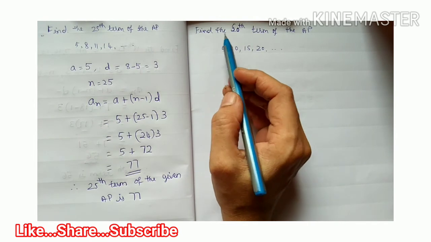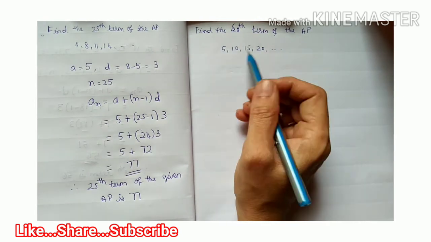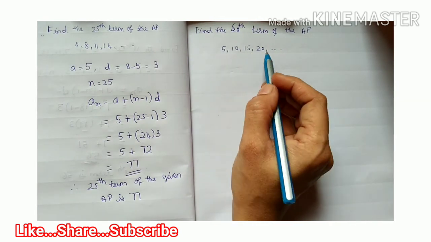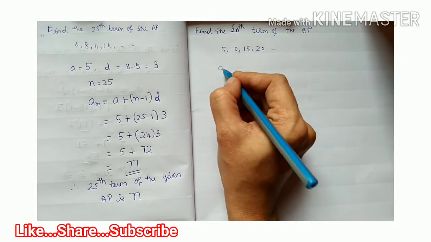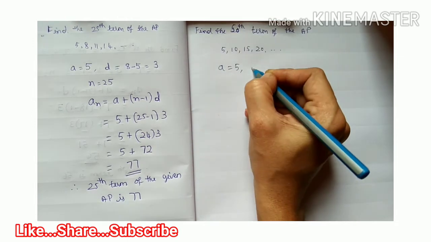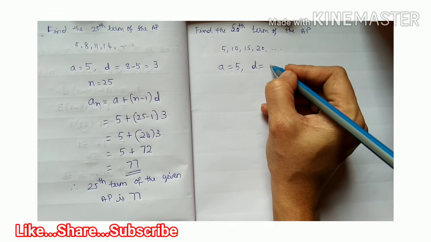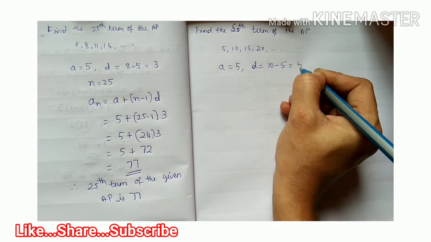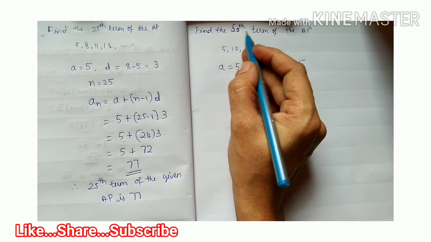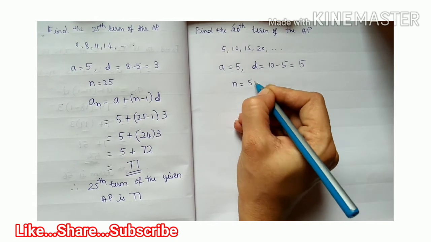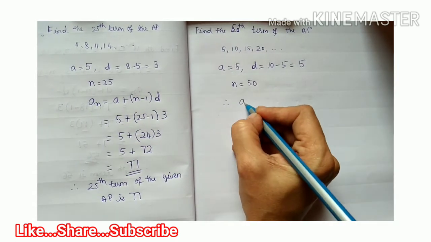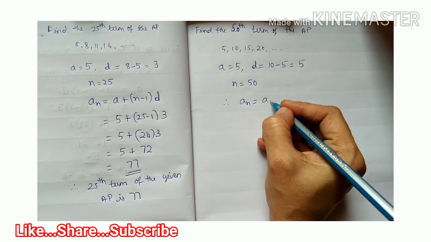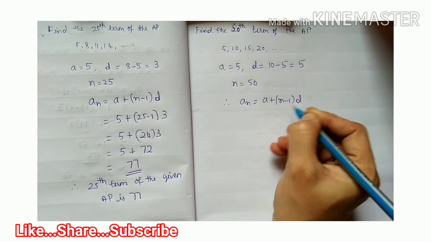Next example, find the 50th term of the AP 5, 10, 15, 20. Here the first term a is equal to 5, common difference d is equal to a2 minus a1, 10 minus 5, 5. For the 50th term, n is equal to 50. We know the formula, nth term of AP, a plus n minus 1 into d.